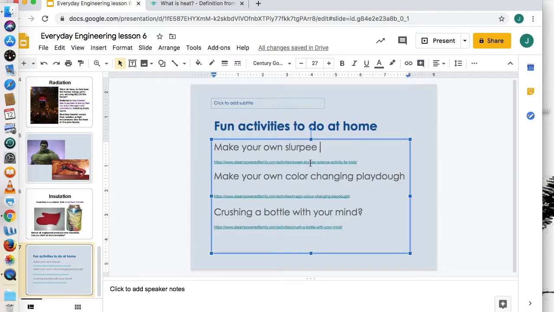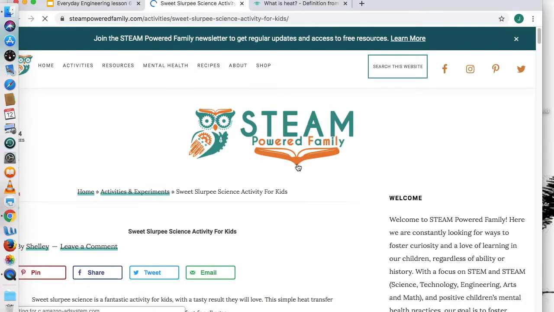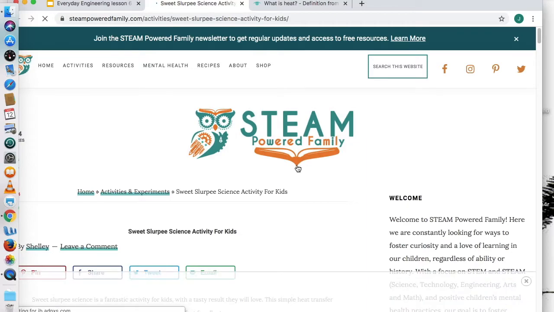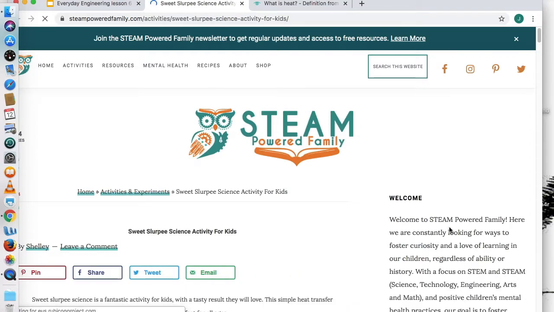One is making your own Slurpee. This seems super fun, and I felt that it would be a great little fun science project that you can do at home. So if my computer lets me, I'll show you. Here it will give you all the instructions to do this on your own.